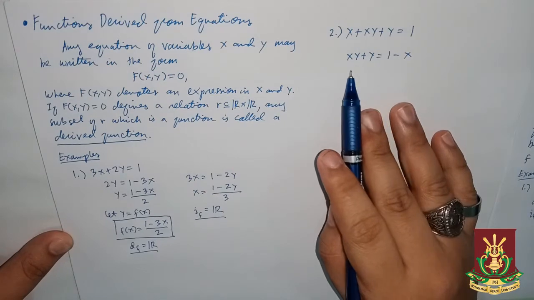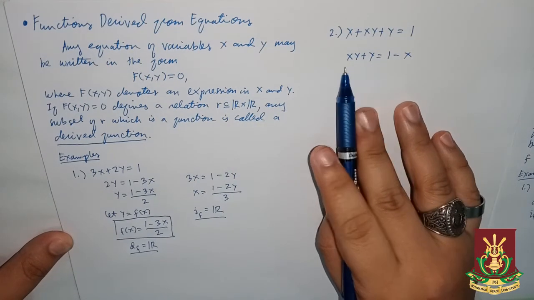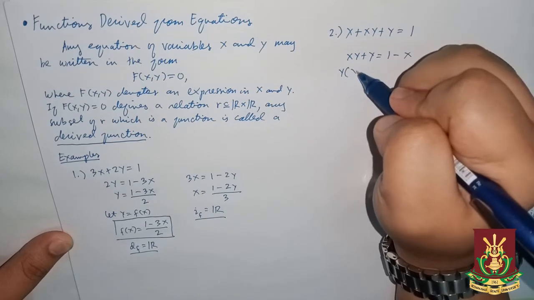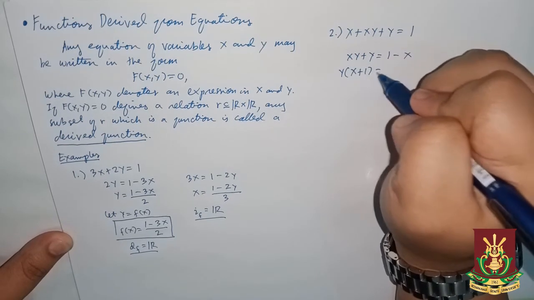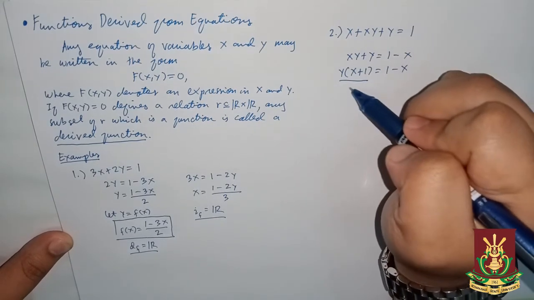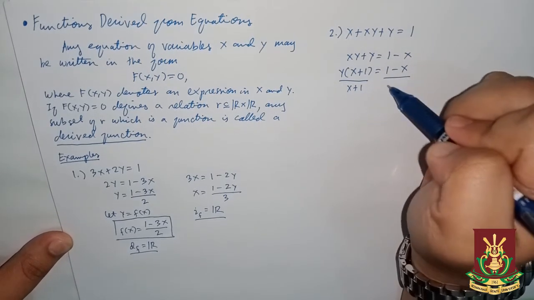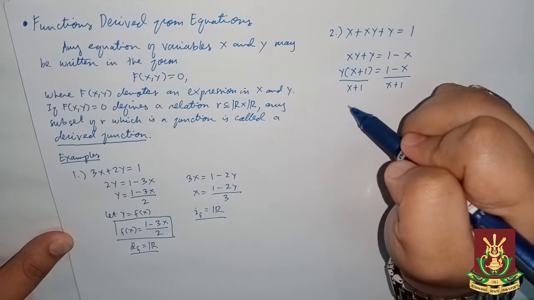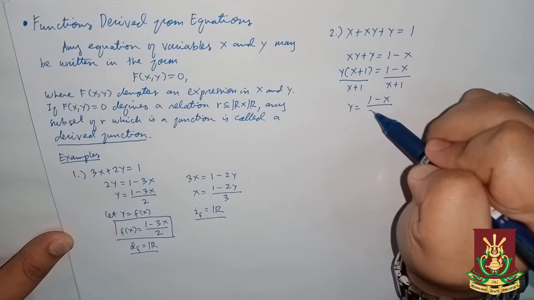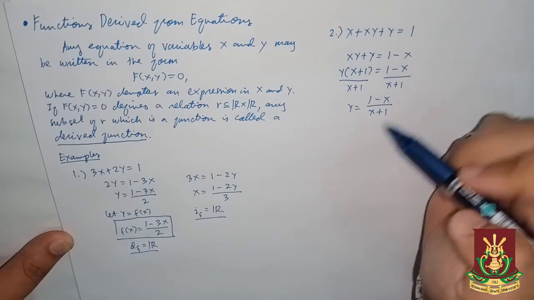In the left-hand side, we can factor out y so that we get y times the quantity x plus 1 equals 1 minus x. If we divide both sides of this equation by x plus 1, we will have y equals 1 minus x all over x plus 1.